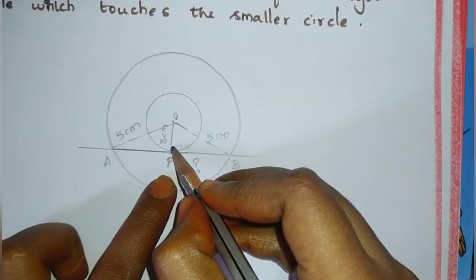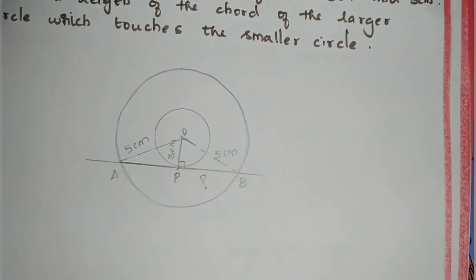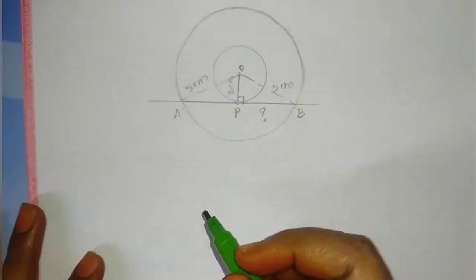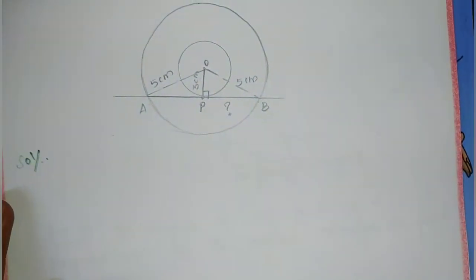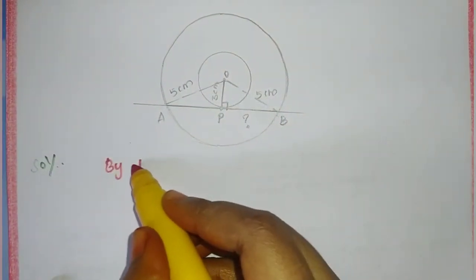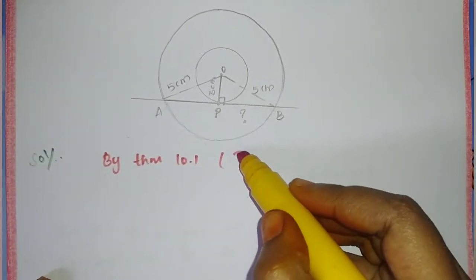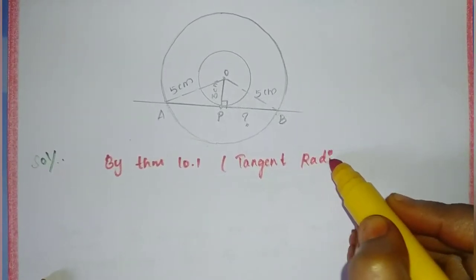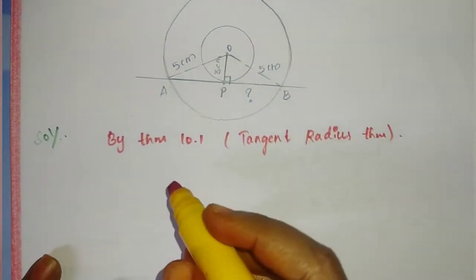For that, by which theorem can we tell that it is perpendicular? By theorem 10.1, the tangent radius theorem.